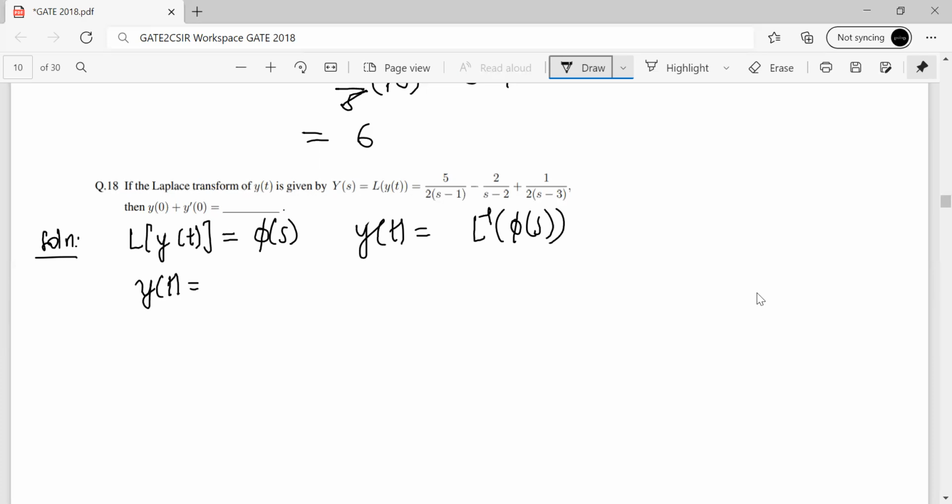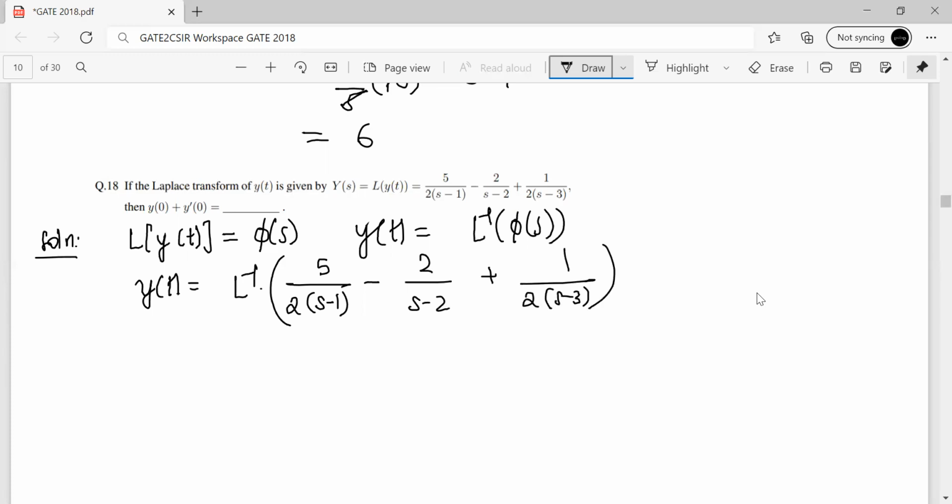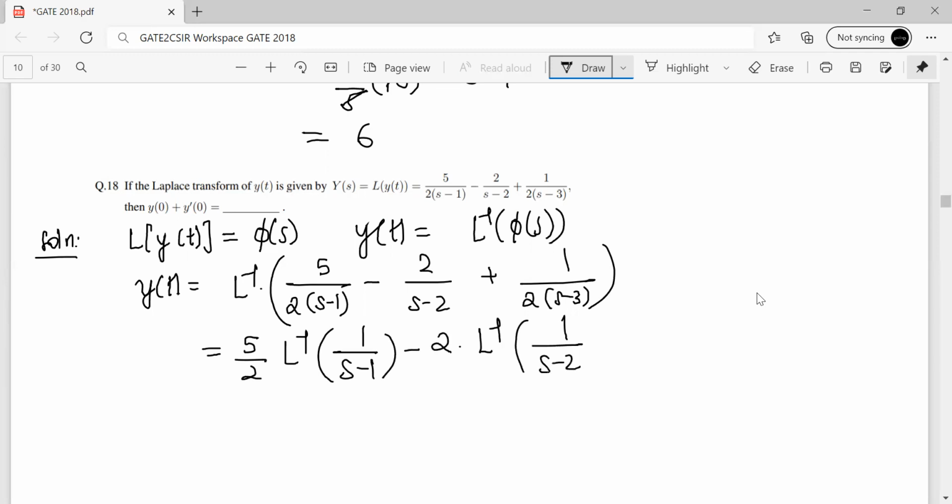So y of t will be equal to L inverse of this entire quantity, 5 by 2 over s minus 1, minus 2 over s minus 2, and plus 1 by 2 over s minus 3. Now this is distributive, so 5 by 2 will be a constant outside completely, so L inverse of 1 over s minus 1, minus 2 times L inverse of 1 over s minus 2, and plus 1 by 2 times L inverse of 1 over s minus 3.